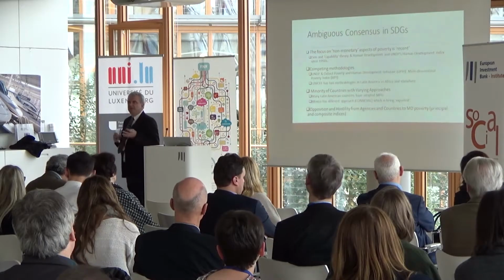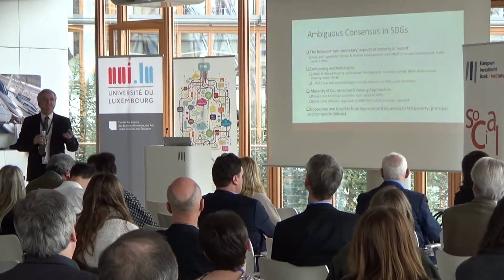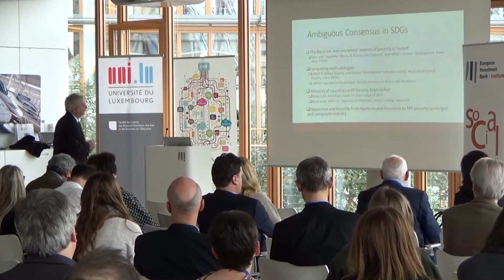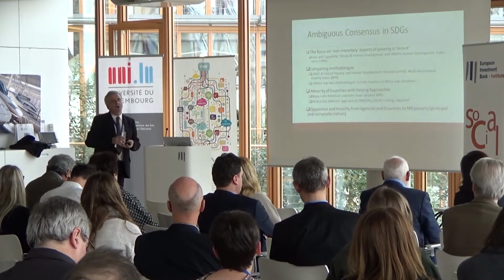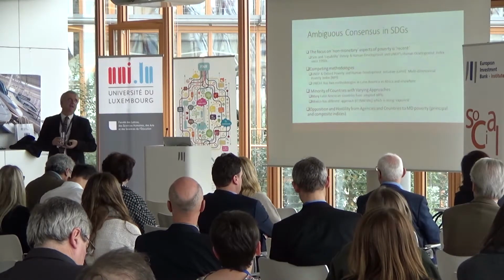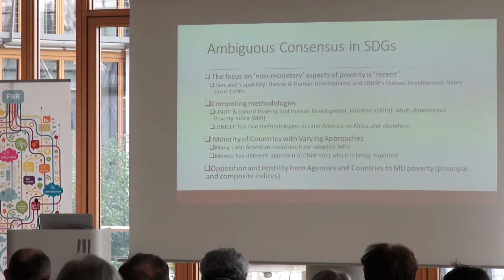Now, this has been a very interesting story. Multidimensional poverty is fairly recent. A lot of it comes from the seminal work by Amartya Sen on poverty and human development from the early 80s, late 70s. The UNDP created a Human Development Index to run against the sort of GNI, GDP numbers and poverty numbers in the 1990s.